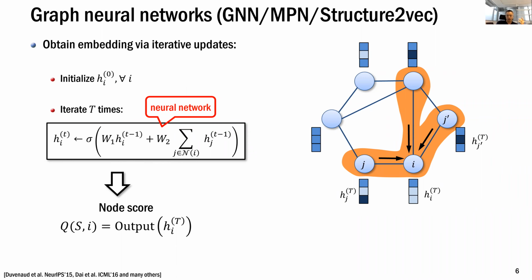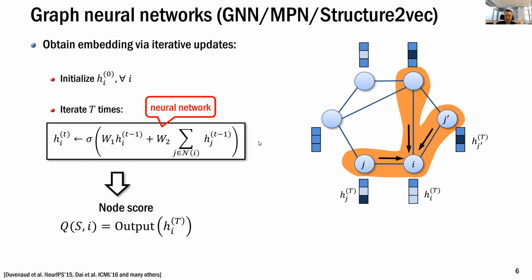So I explained this hand-designed, expert-designed approximation algorithm for minimal cover before, in the previous slide. It is a very simple message passing scheme where you ask the neighbor to pass in the message and do a simple count of the number of neighbors. And that's, in some sense, a special case of this formula. You can imagine if I tune this W1, W2, I can recover the simple count as a special case.